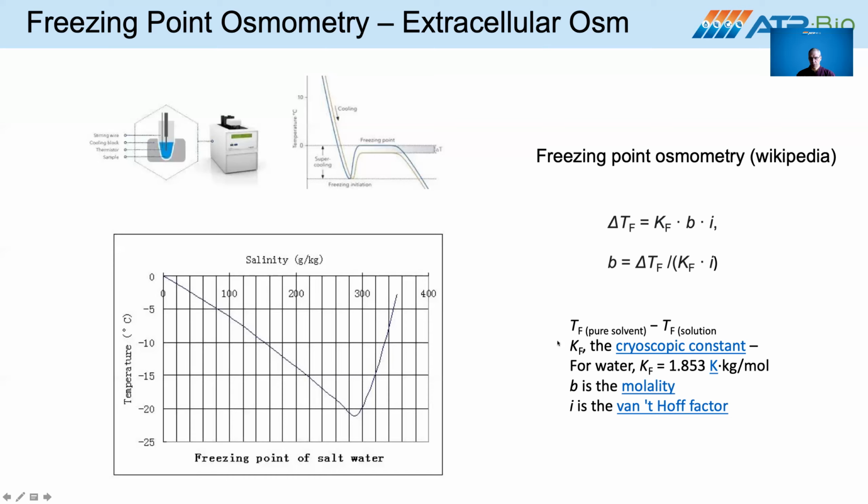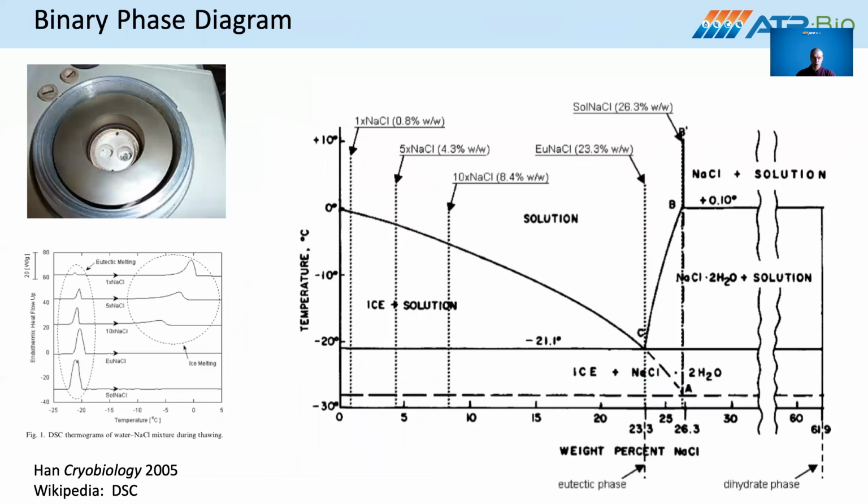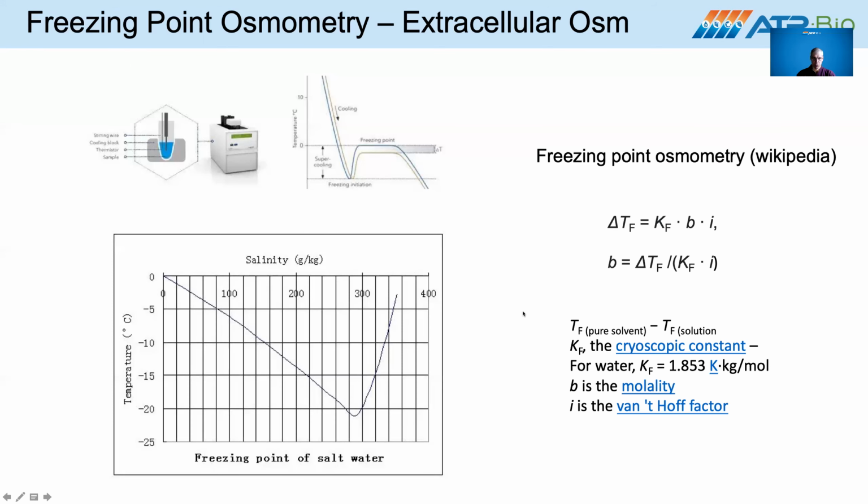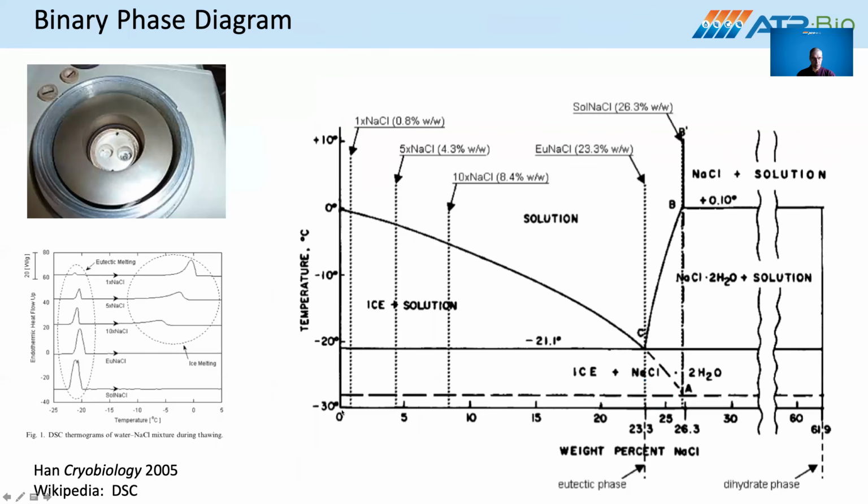freezing point osmometry. And you can actually see this in a little more detail if you go into a binary phase diagram. In fact, in some sense, what you're getting from freezing point osmometry is a phase diagram. You can also get it with even more detail from differential scanning calorimetry, where you would have a sample of a couple of milligrams of saline solution of different concentrations, and then a reference pan, and you heat it up or cool it down, and you can monitor the amount of energy that goes into a phase transition.